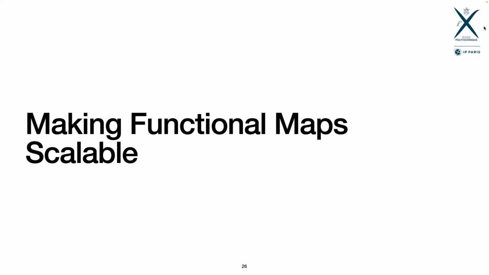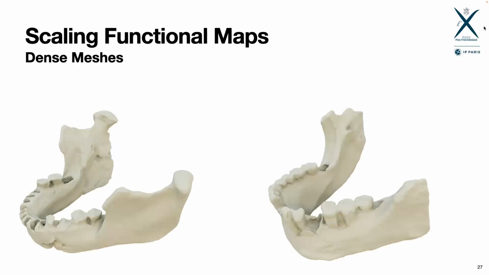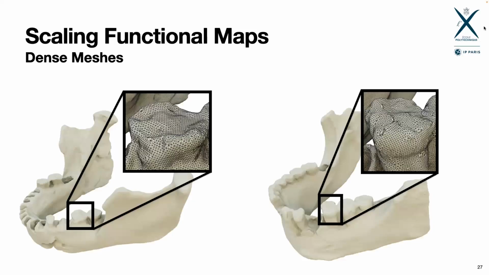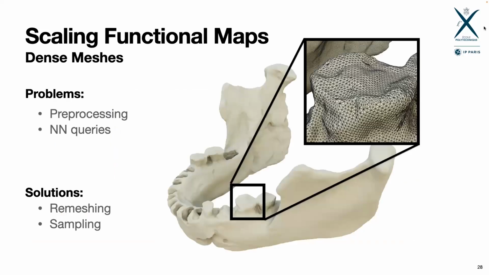That's why most of the results were on toy objects or handmade objects, computer graphics stuff, and not on real data. So let's come back to the real data for some time, because this data is particularly dense, and there's a question of how we can still process it. The big problem for functional maps is pre-processing, because we have to compute this basis, and this can be very slow because it's a sparse n times n problem, with something like 500,000 points.